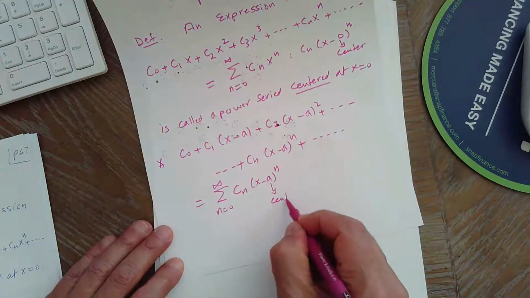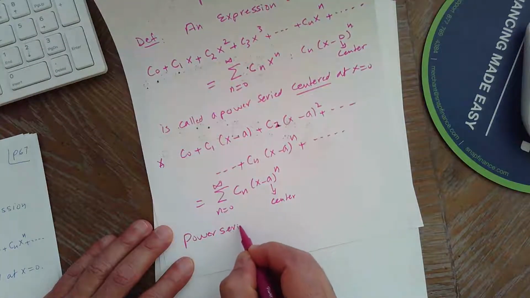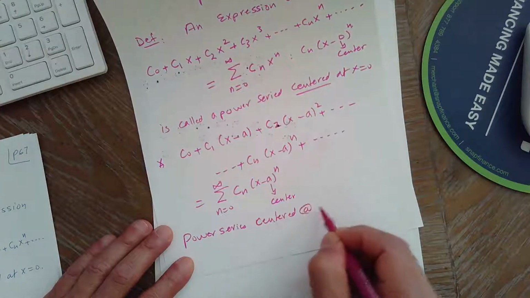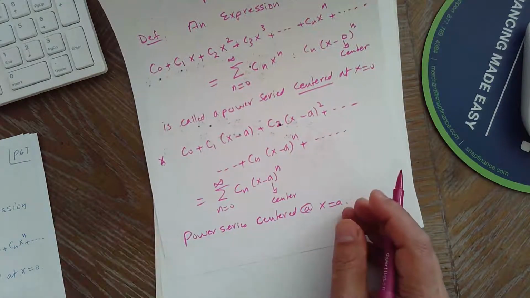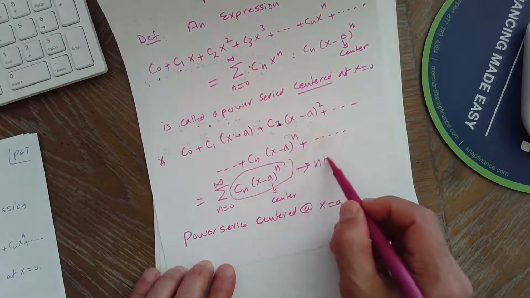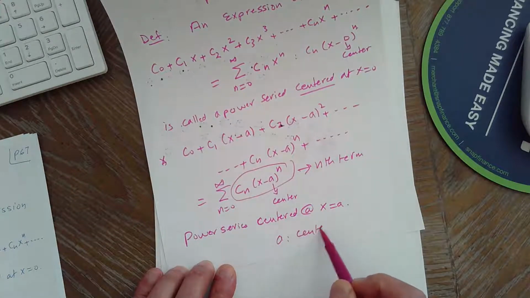This is a power series centered at a. Okay, it's a power series centered at a. At x equals a. And of course this term is as always, and a is the center in this case.